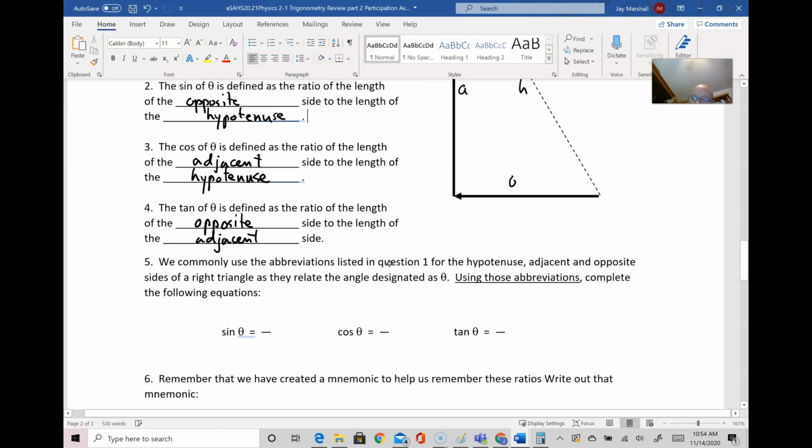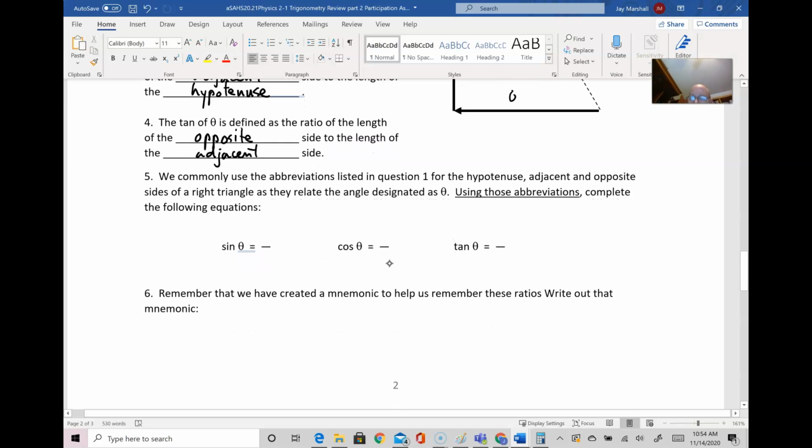We don't want to write these words out all the time, so we're just going to abbreviate them H, A, and O. And again, this is going to go in your worksheet: sine is opposite over hypotenuse, cosine is adjacent over hypotenuse, and tangent is opposite over adjacent.